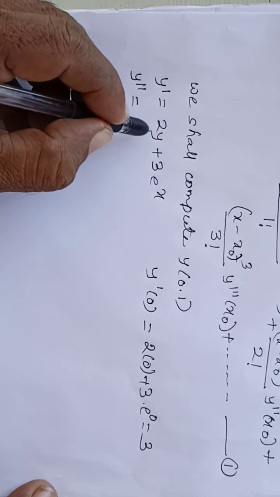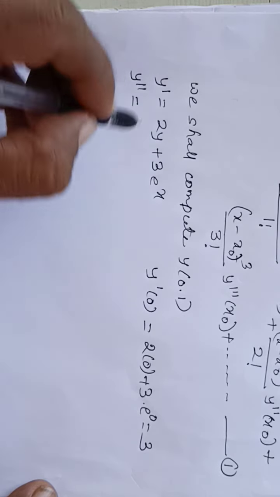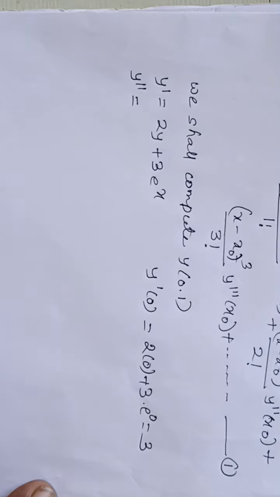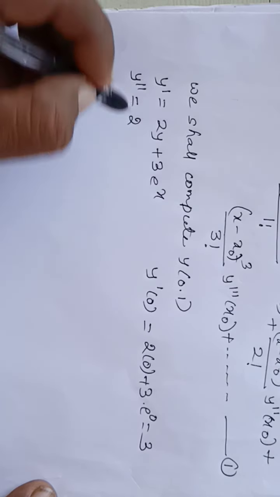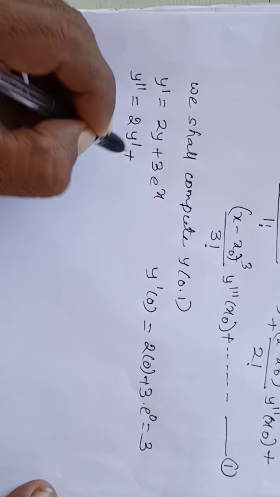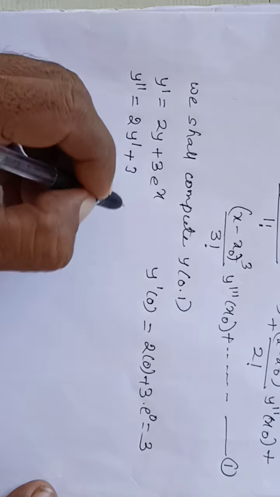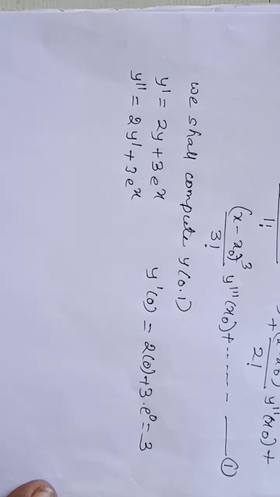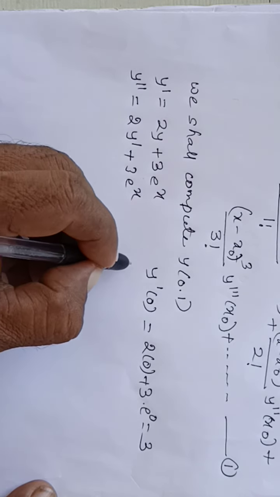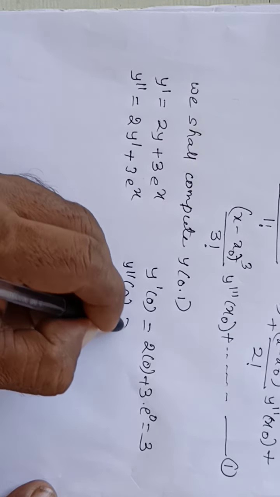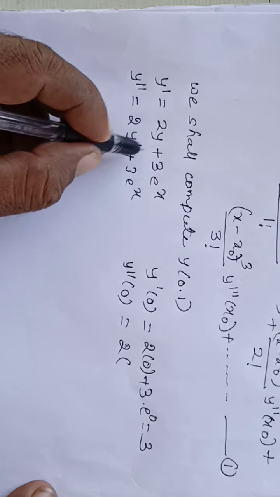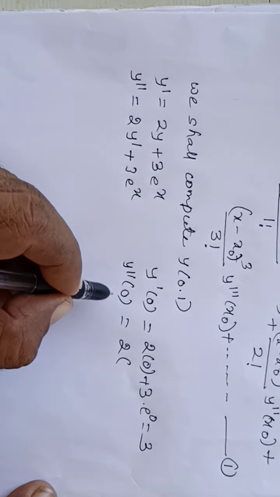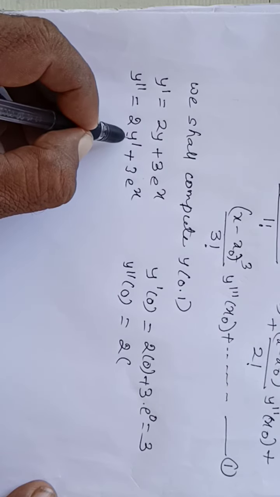Differentiating this term, first this one, u plus v formula: 2 into constant 2, differentiation of y is y dash, plus 3 constant, differentiation of e raised to x is e raised to x only. So y double dash of 0 is equals to 2 into y dash of 0. Initial condition we are inserting here. So it becomes y dash of 0.